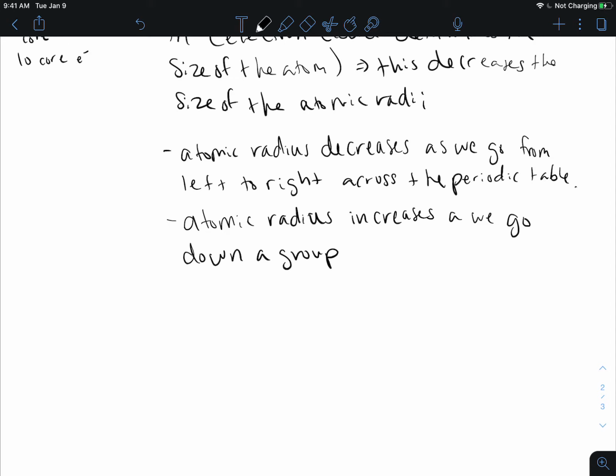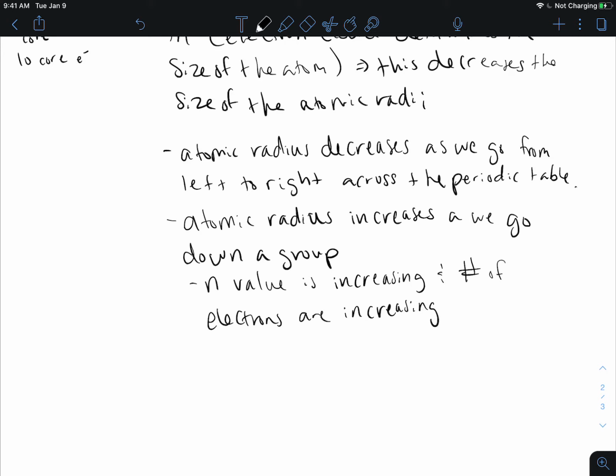Going from top to bottom, it is going to increase mostly because our n value is increasing and our number of electrons is increasing. And with more electrons, you have more electron repulsion, so they're going to want to get as far away from each other as possible.